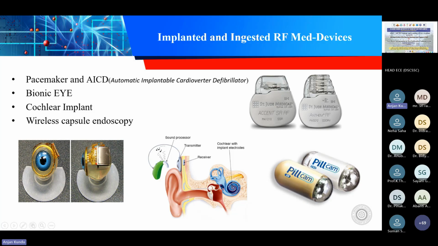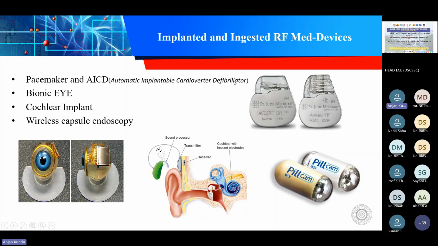It is a single lead pacemaker. Now we have to buy pacemakers for doing some research work, particularly for implanted devices. I've already bought a pacemaker. So the pacemaker is one of the most popular examples of implanted devices, and also the AICD. AICD is very less known to the patients. It is an automatic implantable cardioverter defibrillator.